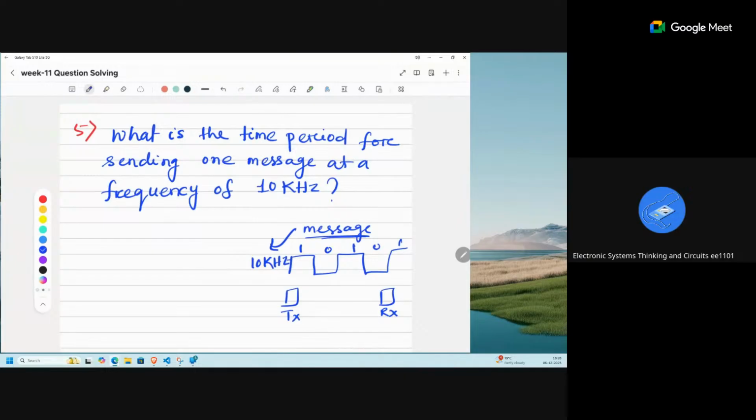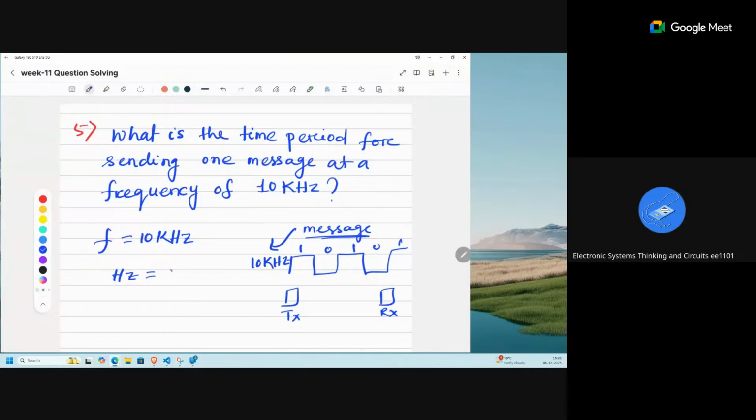What does it mean by frequency? Ma'am, number of cycles per second, per unit time. Yes, right. So if you have a frequency of 10 kilohertz, hertz means what?